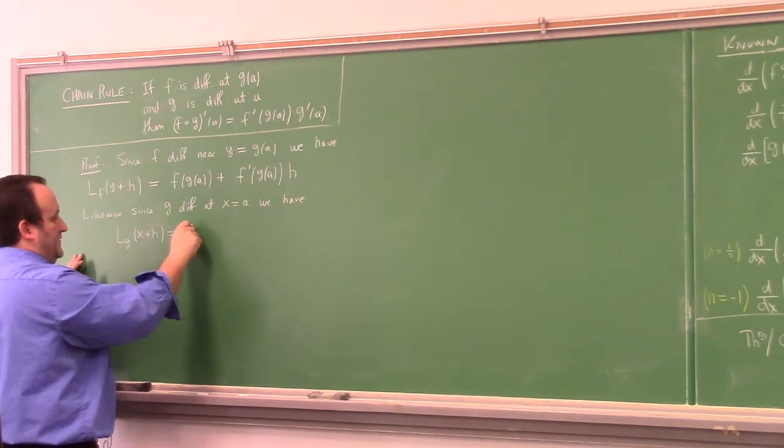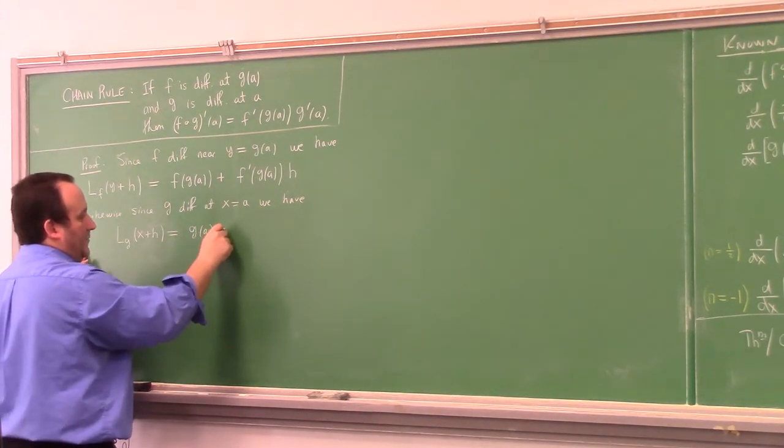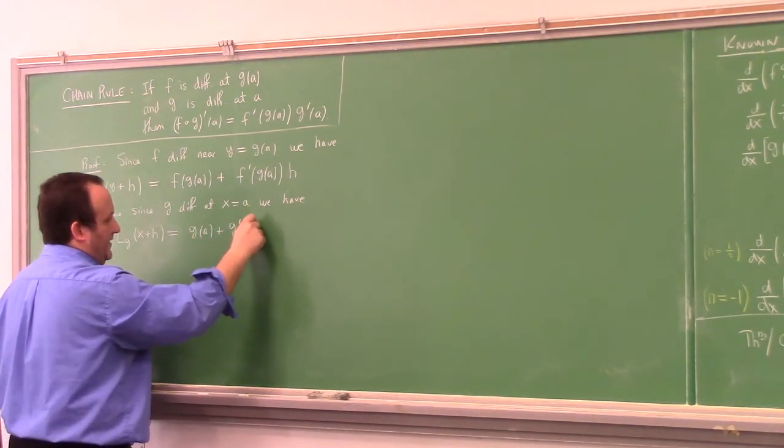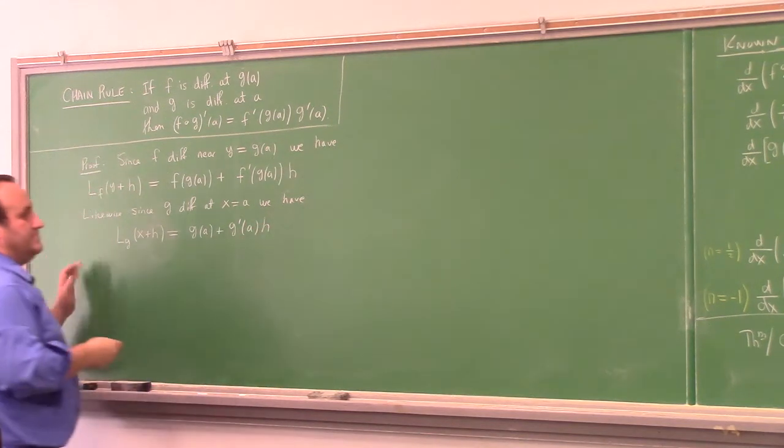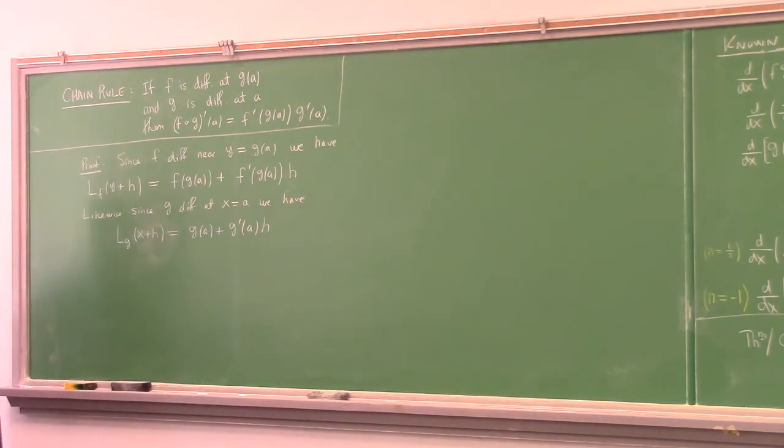Well, that's g of a plus g prime of a times h.